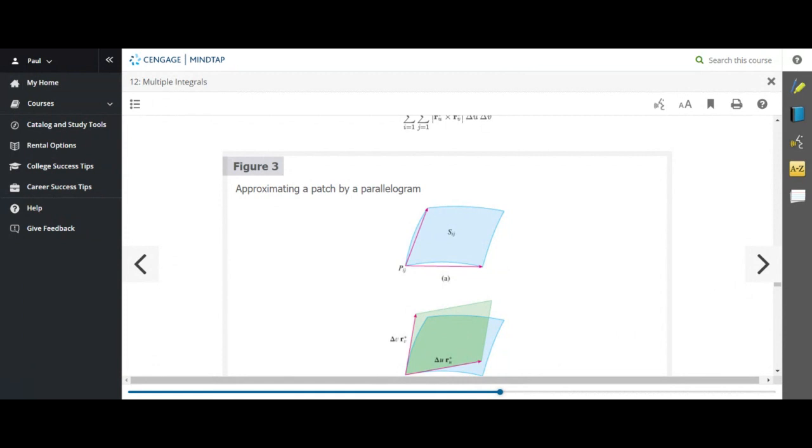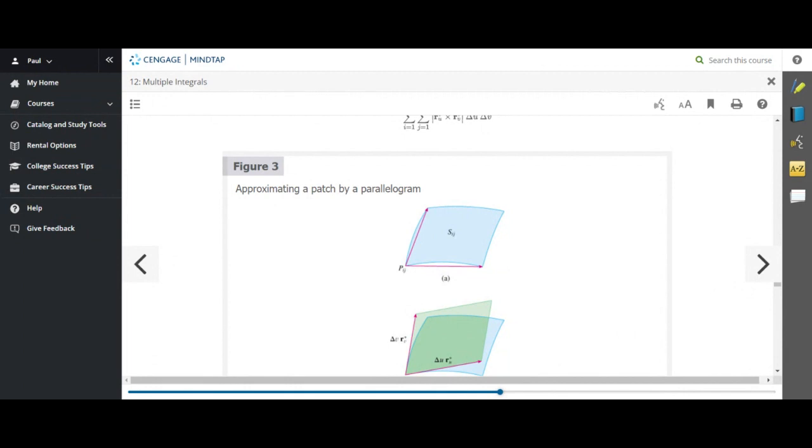So each patch on the quilt corresponds to a different point. Every point has two particular tangent vectors that emanate from it. But you'll notice here in figure 3a that if we were to find the area of the parallelogram formed by those two purple tangent vectors, we'd be missing some area of the patch.